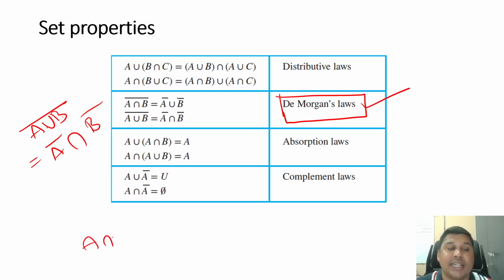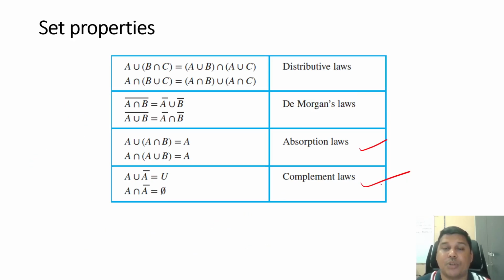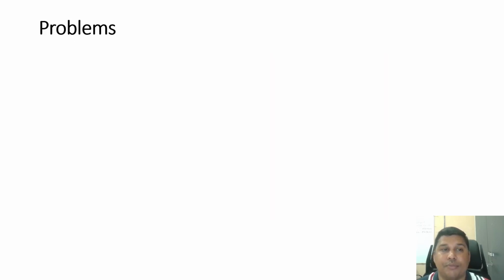Similarly, if you have A intersection B whole complement, you apply individual complement to A, it becomes A complement; complement of intersection will be union; B complement will be like this. Okay, so A bar union B bar. And then we have two other laws, absorption and complement laws, which are very simple to solve.